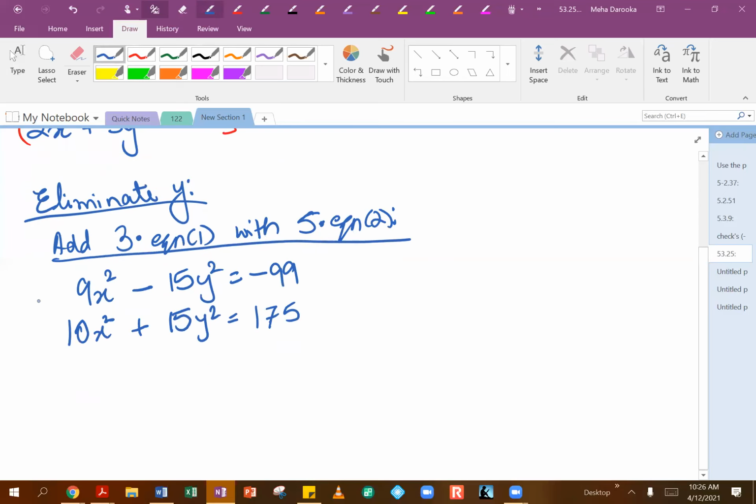Alrighty. As we had hoped, our negative 15y squared and positive 15y squared cancel out, leaving us behind with 19x squared. And what is 175 minus 99 going to give us? 76.